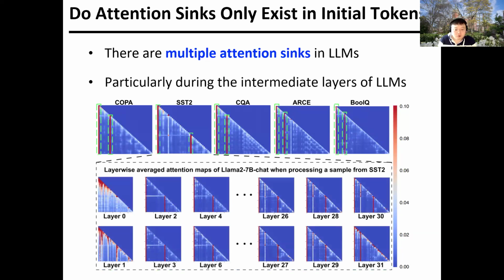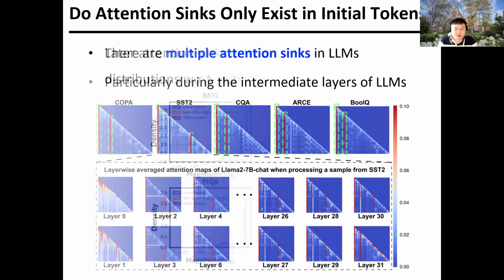Further, by using a more fine-grained visualization of the layer-wise attention maps, we found that during the intermediate layers of large language models, these types of attention sinks in later tokens are particularly commonly observed in attention maps.